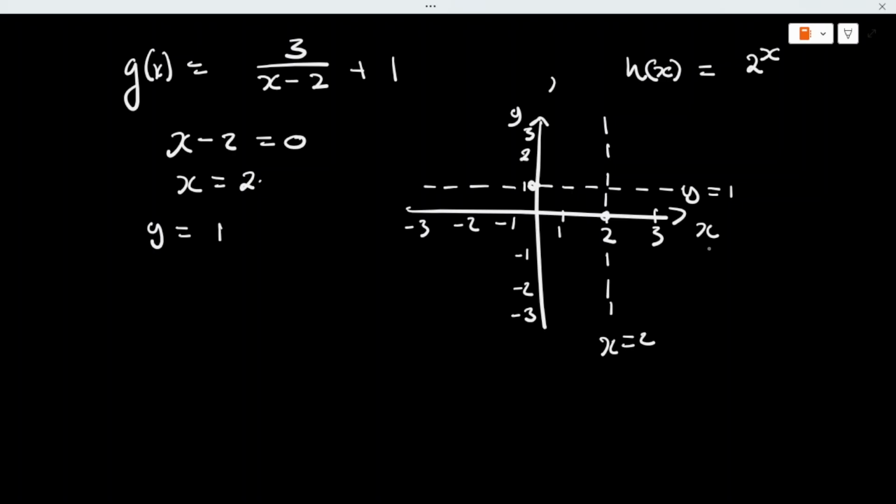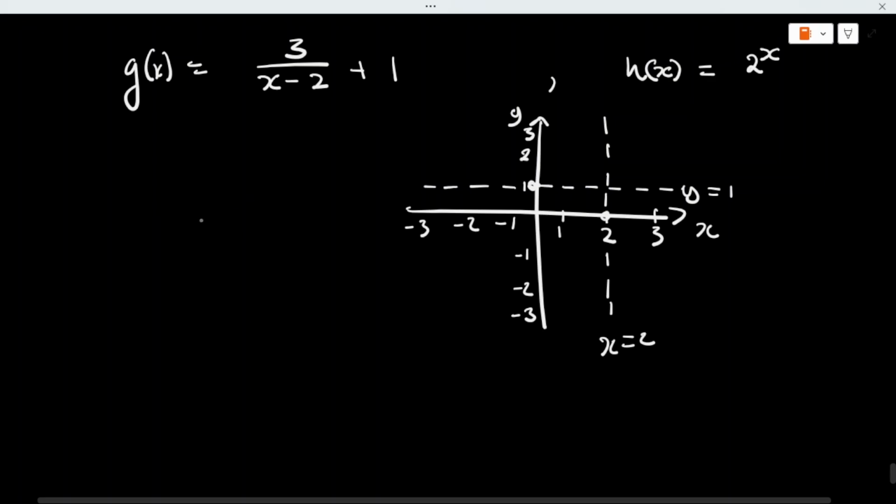Now, to complete the graph, we need to find the intercepts, which are the x and the y intercepts. Let's go ahead and do that. As we know, to find either the x or the y-intercept, we need to equate one of them to 0. Let's start with the x-intercept.